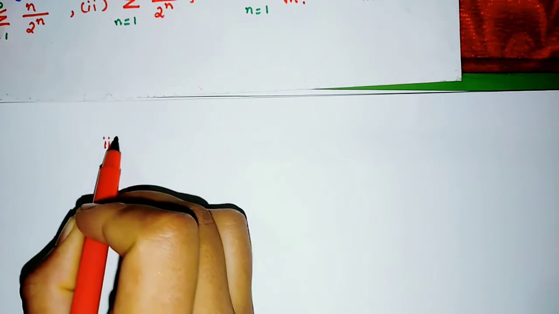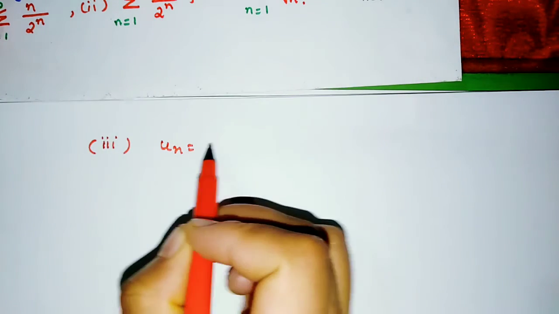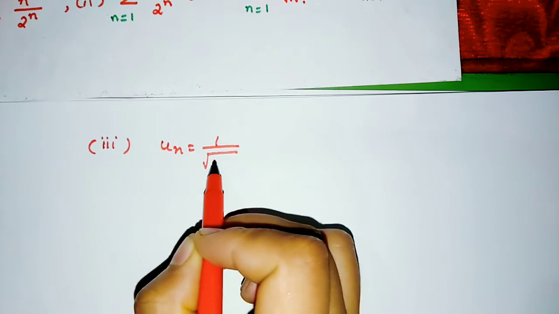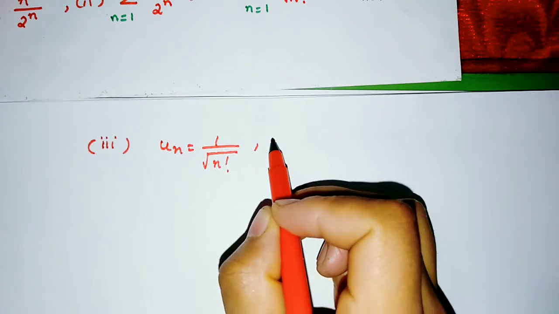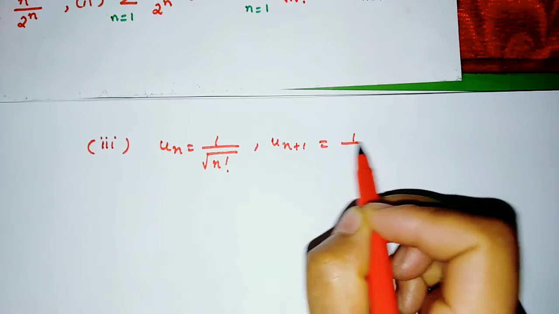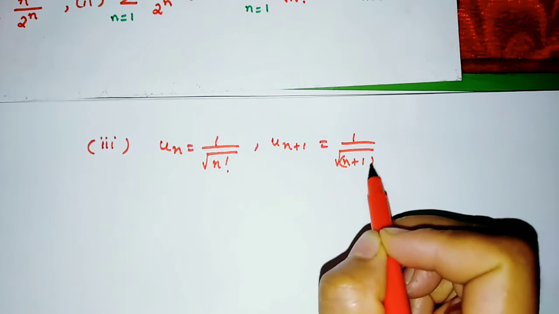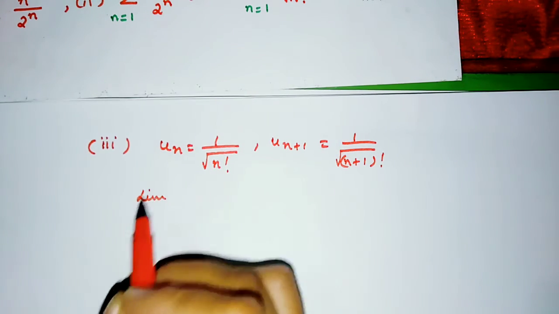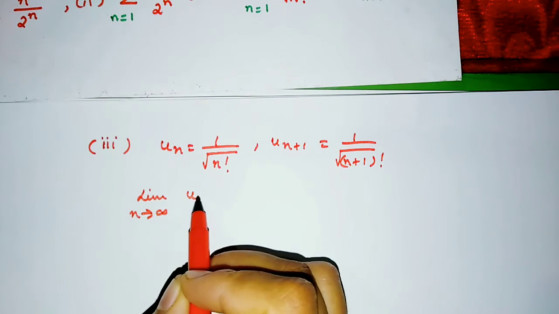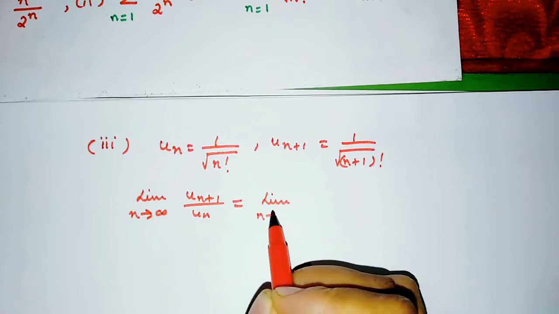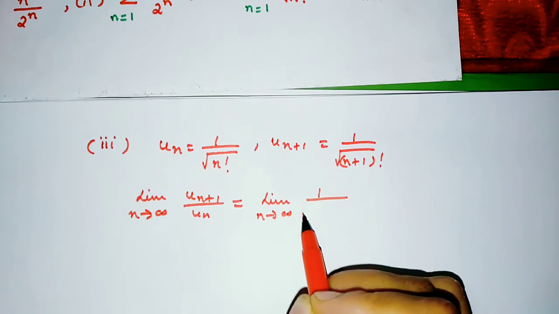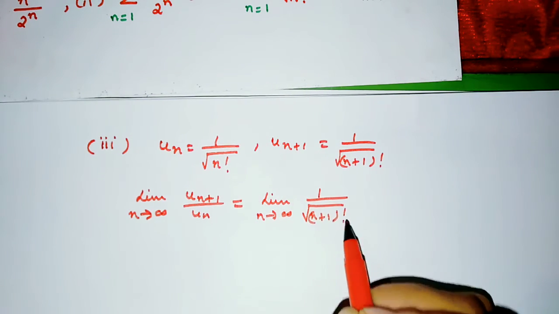Okay, let's do the third one. Our UN is 1 by root n factorial. So from here, our UN plus 1 would be 1 by root n plus 1 factorial. Now limit n tends to infinity, UN plus 1 by UN is equal to limit n tends to infinity, 1 by root n plus 1 factorial divide by UN.